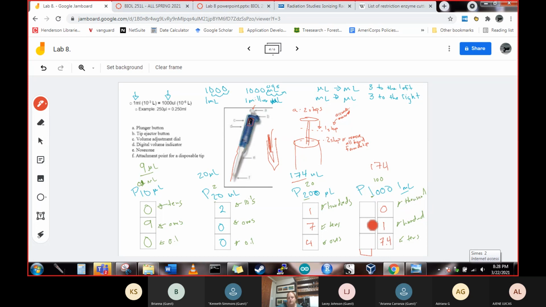You would have thousands, your hundreds, your tens, but you would also have a ones spot. So 174 on a 4-box P1000 would be 0, 1, 7, 4. So always your top box is going to be your highest value that you could go to, or the highest decimal place.